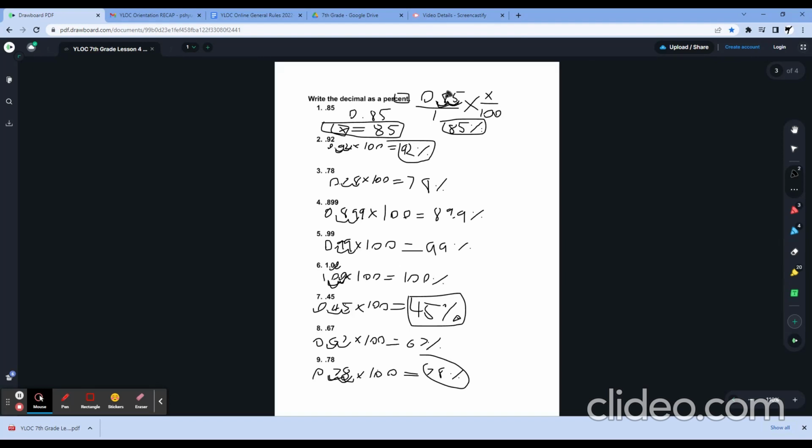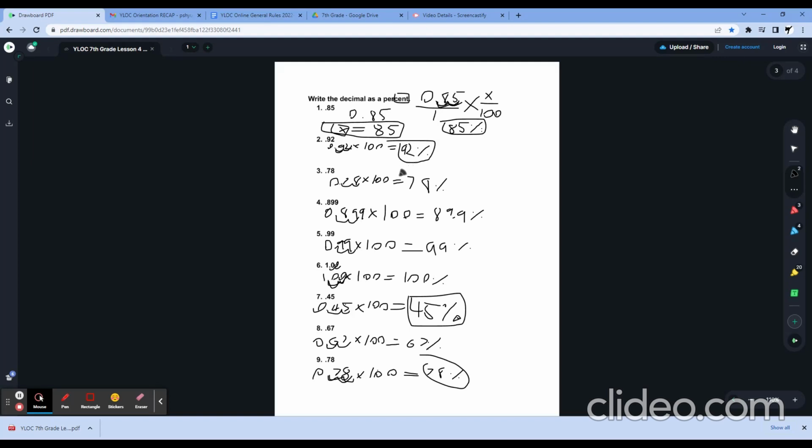So you want to move the decimal point 2 places to the right, and that will equal 85, which makes sense because 0.85 times 100 is 85. However, don't forget to add the percent sign at the end because 85 does not equal 85%. 0.85 does equal 85%.